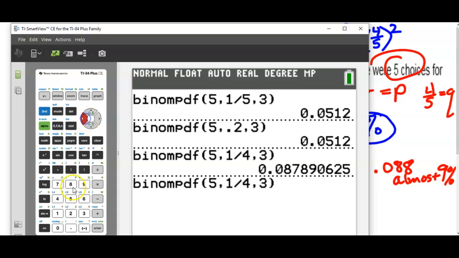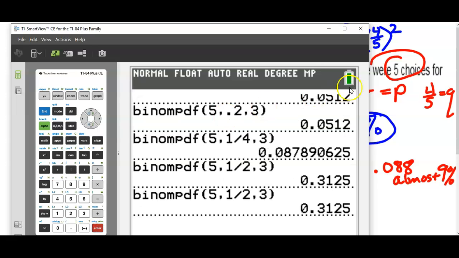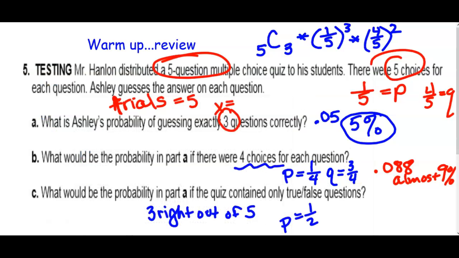And I'm going to change this to a 1 out of 2 chance that she guesses correctly. Now that's a much greater chance. So there's a 31% chance that she gets 3 out of 5 right. 3 out of 5 would be a 60%, so maybe passing if we were doing percentages. So she may have passed 31% of the time if she was totally guessing on a true-false question.